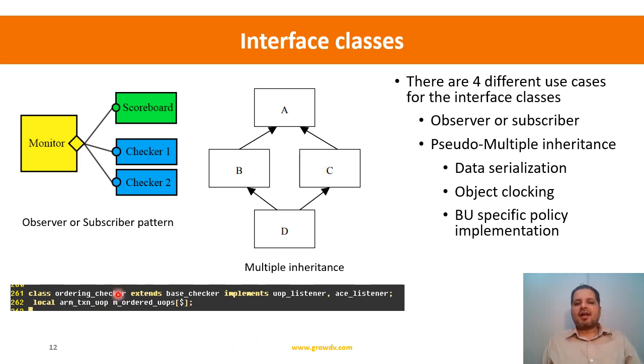When I do my regular inheritance with the extends keyword, I can only extend one class. I can't put a comma separated list over here. That can be done in Python, for example, but not in SystemVerilog. In SystemVerilog, you can currently extend only one class. So if you want to implement something like this, one of the solutions is to use the interface class, and the way you implement the interface class is using this implements keyword.